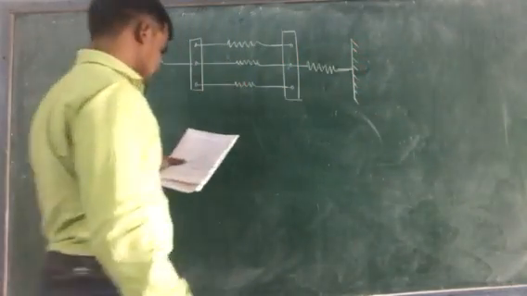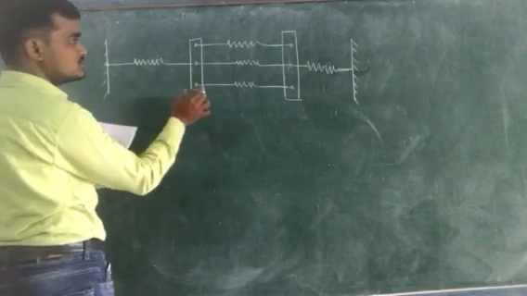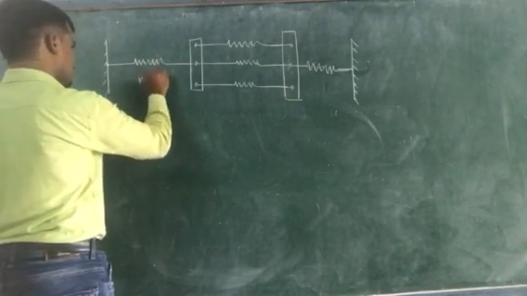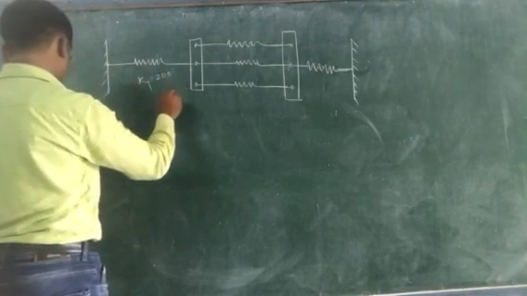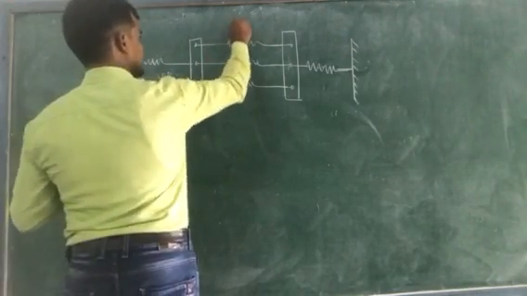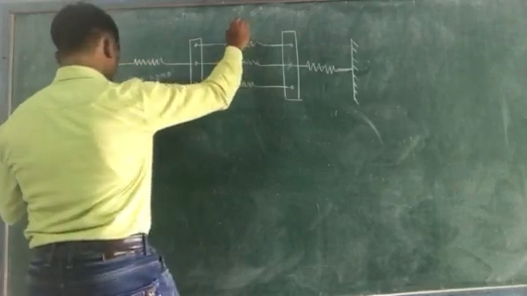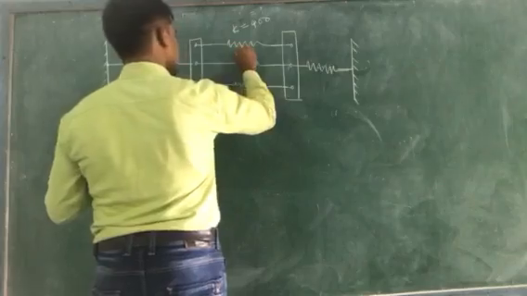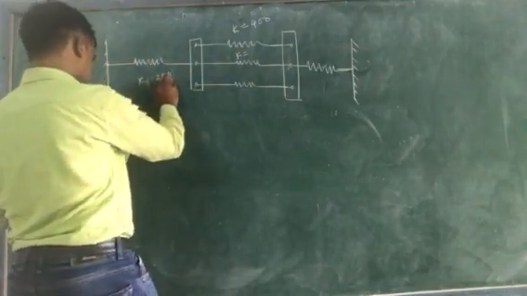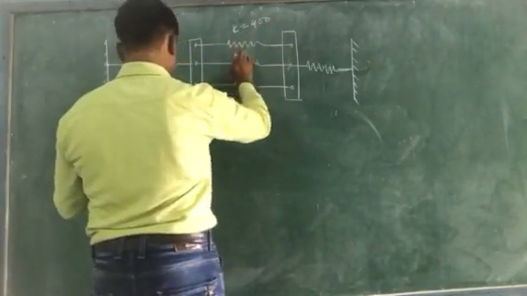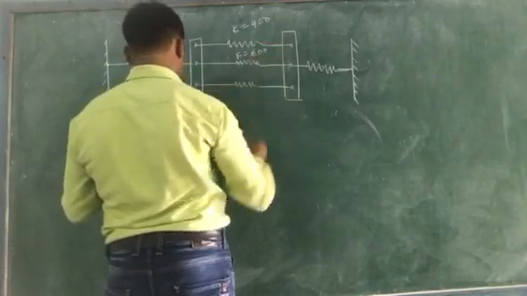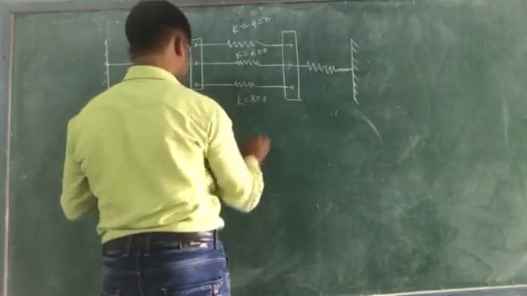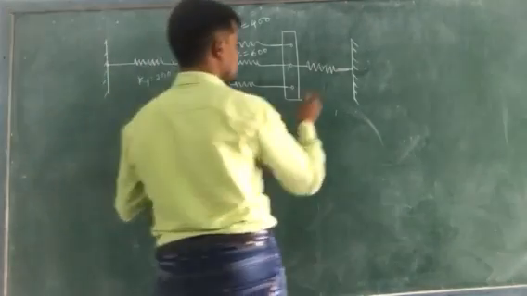Okay, this is the example. In this spring system, they have given the spring constants: K1 is equal to 200, this K is equal to 400, this K is equal to 200, this K is equal to 400, this K is equal to 600, and this K is equal to 800.